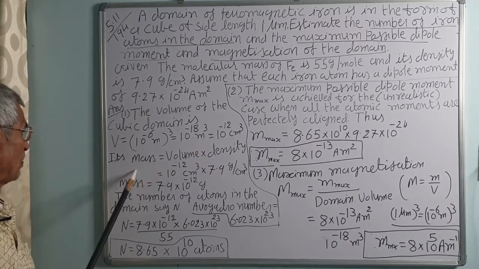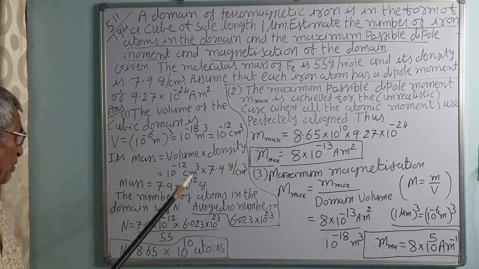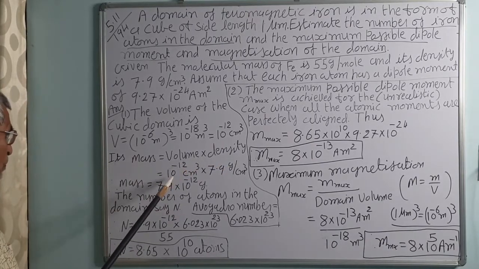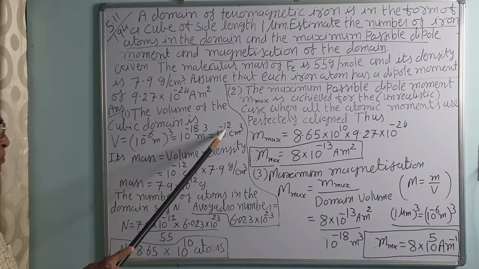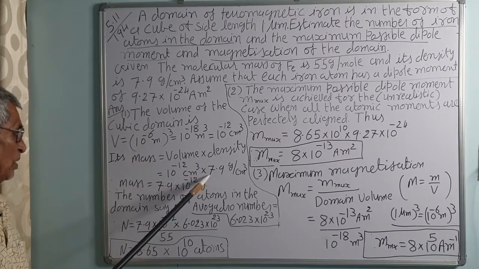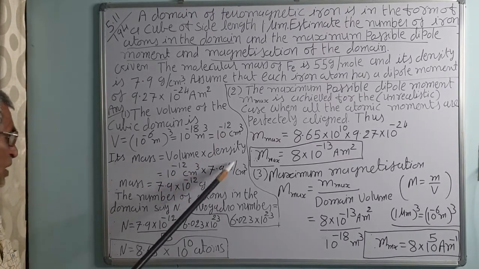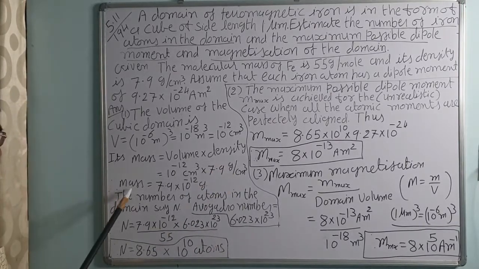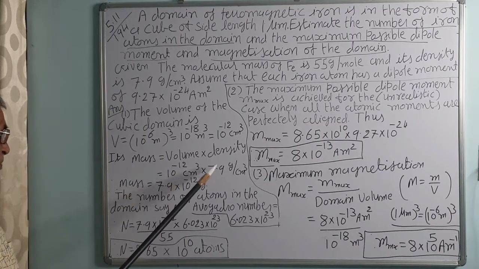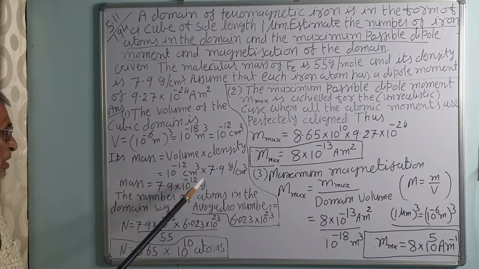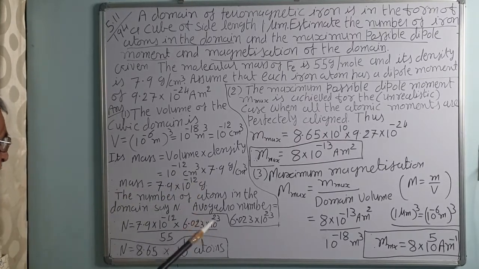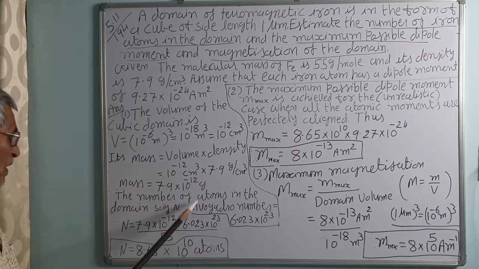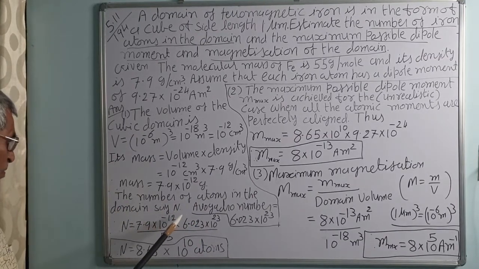Its mass is equal to volume into density. So the volume is 10 raised to minus 12 centimeter cube into density 7.9. In the CGS system both are taken in gram per centimeter cube, so the mass is 7.9 into 10 raised to minus 12 gram. So the number of atoms in the domain, say n.